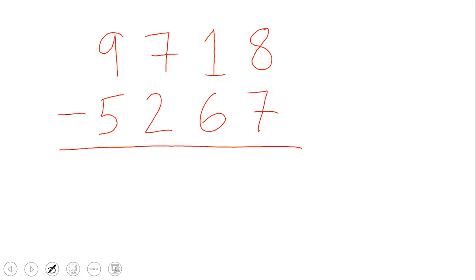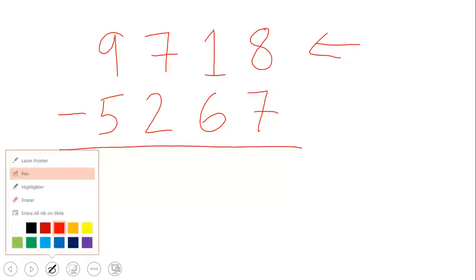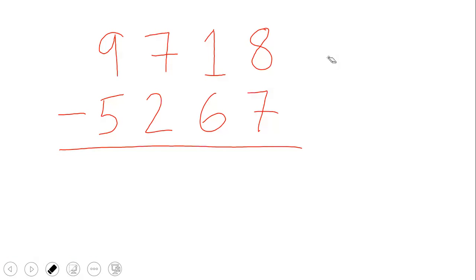Our goal is to subtract 5,267 from 9,718. Notice that in this question, the larger of the two numbers, 9,718, is at the top, right where it's supposed to be.